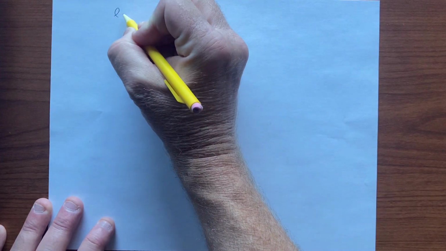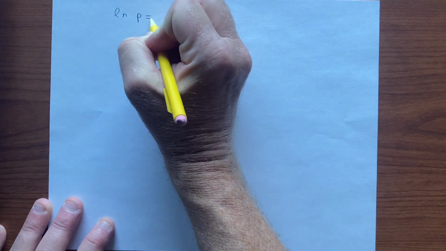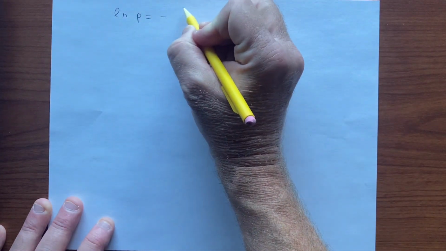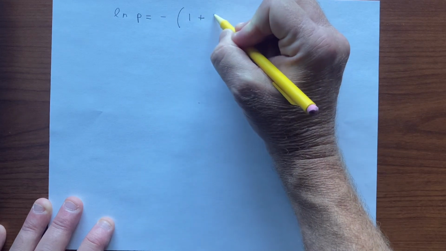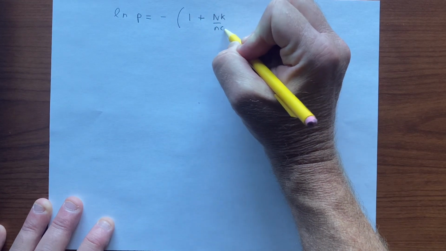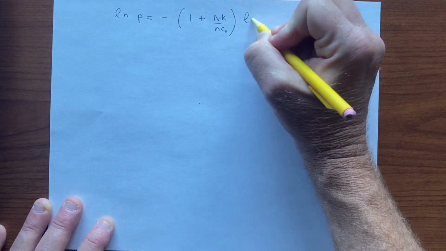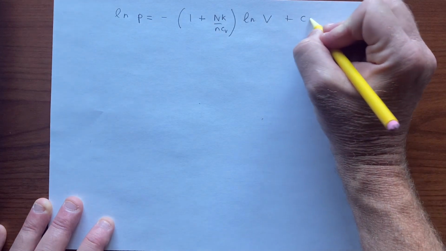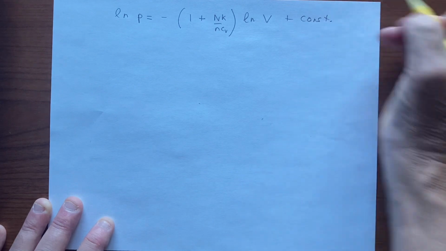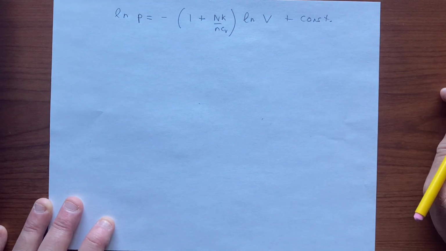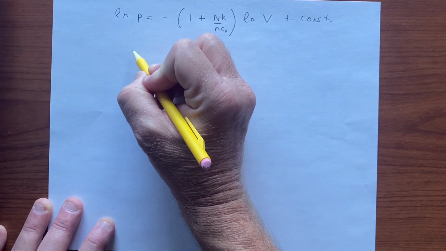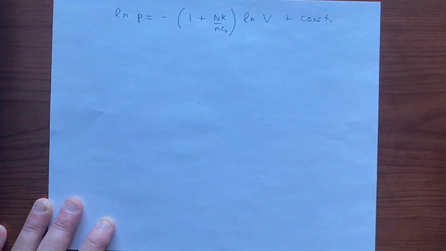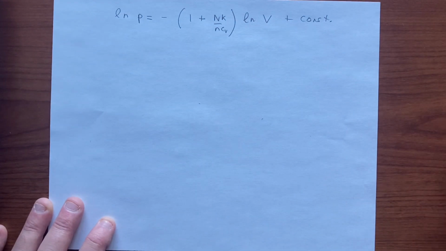So we can say the natural log of P is equal to minus 1 plus Nk over NCv, times the natural log of V. We integrate and we have some constant. So then we want to isolate the P, so we do the exponential.